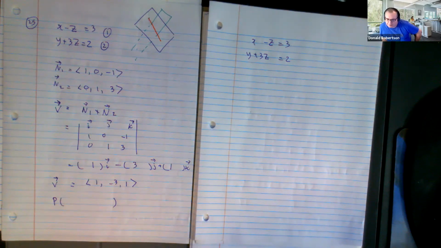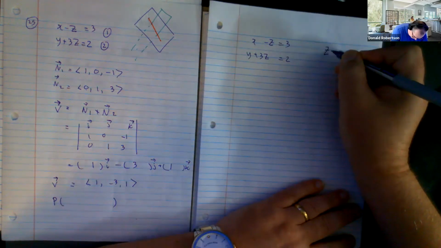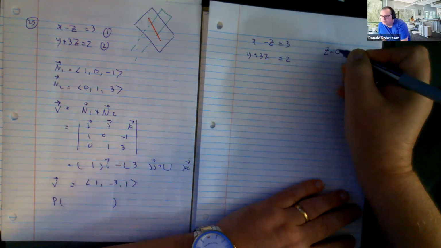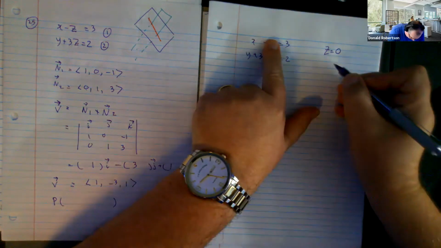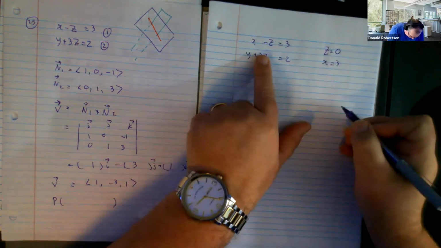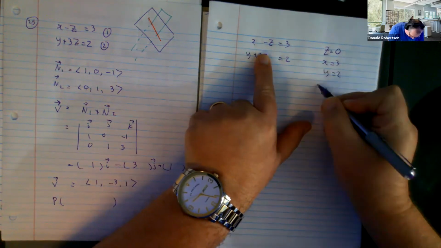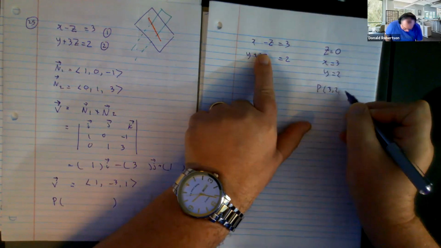Now, there is a little bit of a problem, but it's actually an easy fix. Aren't there 3 variables, but we only have 2 equations? So don't try to solve it as a system of equations because you don't have enough information. But I'm going to do this: I am going to make z equals 0. Now, if I make z equals 0, won't x be equal to 3 and y be equal to 2? Haven't I now found a point on that line?